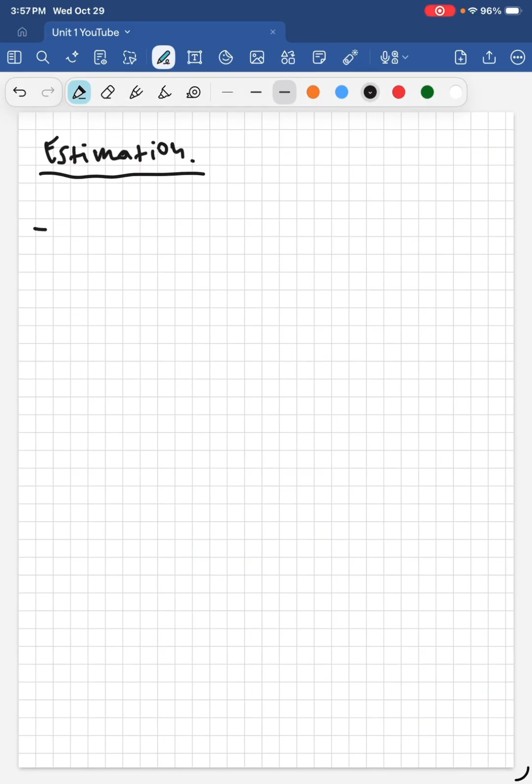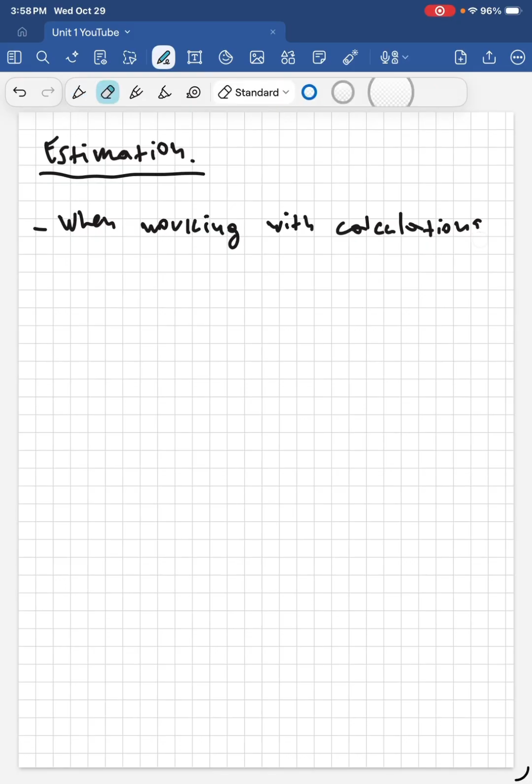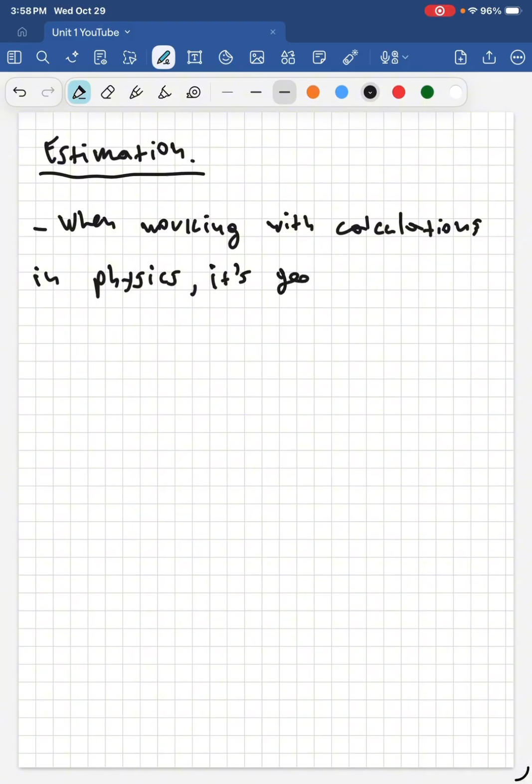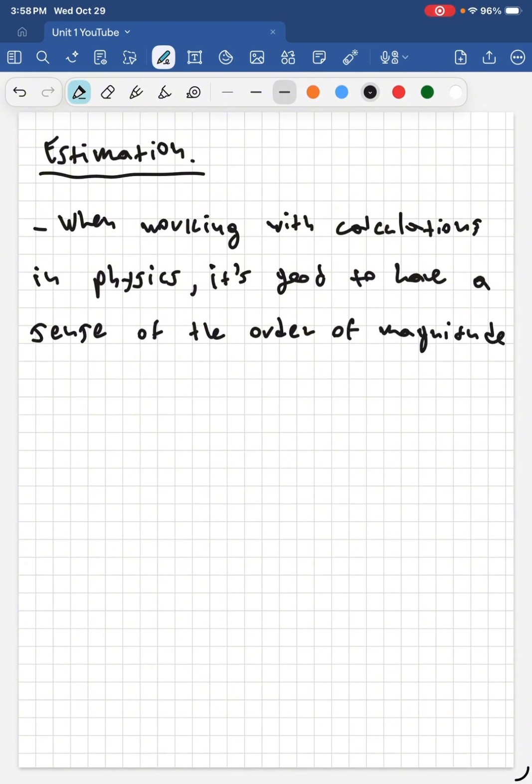So when working with calculations in physics, it's good to have a sense of the order of magnitude of quantities.